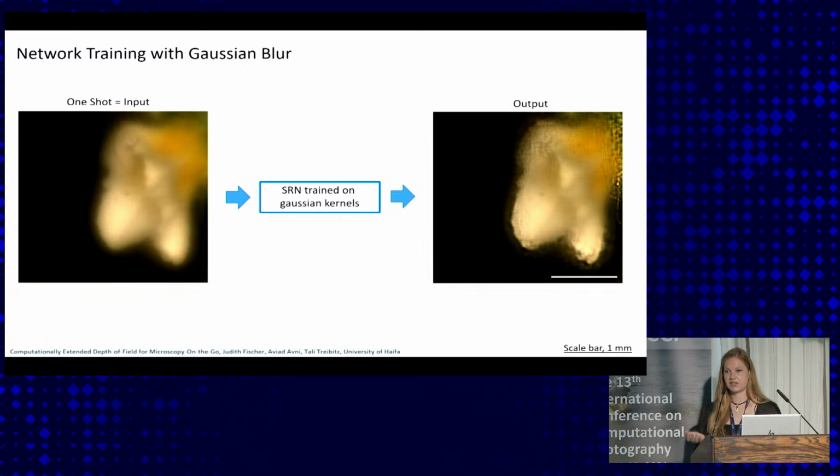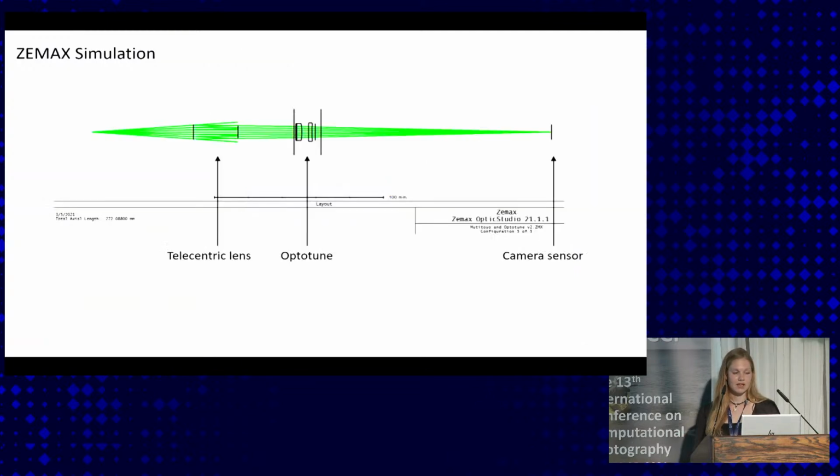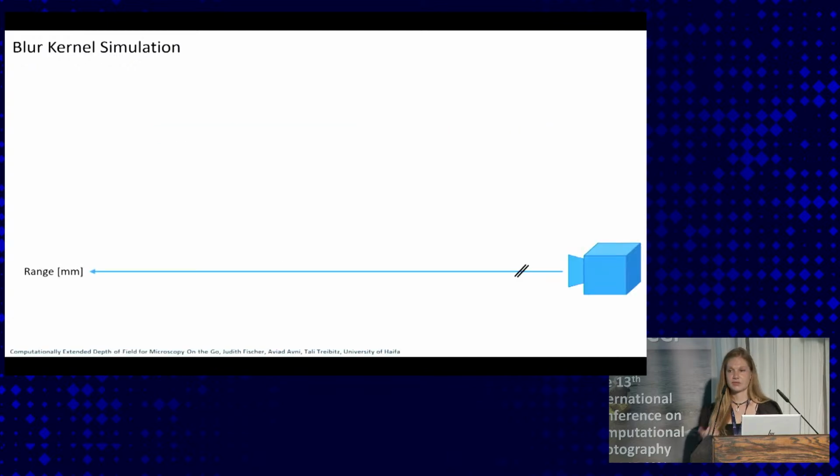So we need to find the blur which happens in our system. Therefore, we made a simulation in Zemax OpticStudio for exactly our system with a telecentric lens, the Optotune, and the camera sensor. We needed to understand how an object looks in our one-shot image.